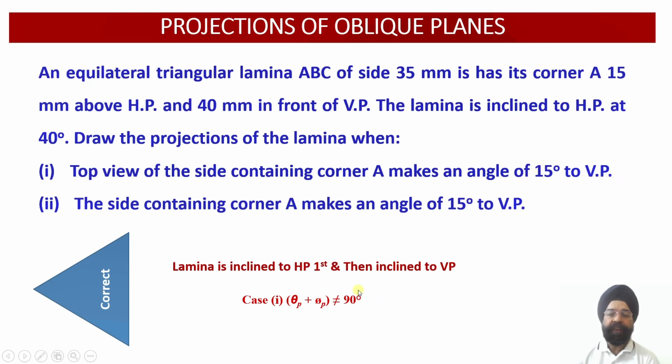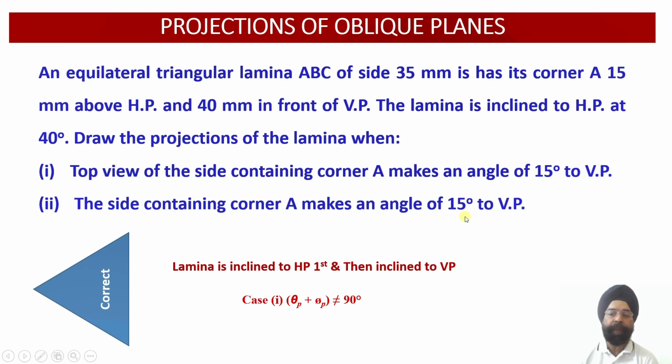respect to VP. Whereas in the second case we are provided with the information that the side containing corner A makes an angle of 15 degree with respect to VP. So here we are not talking about the apparent length of the plan for this particular edge or for this particular edge making an angle of 15 degree to VP.